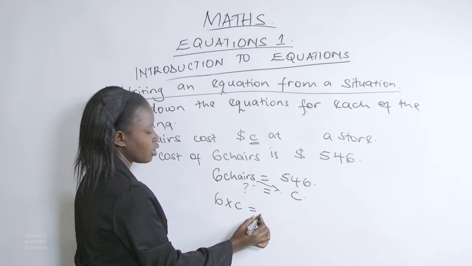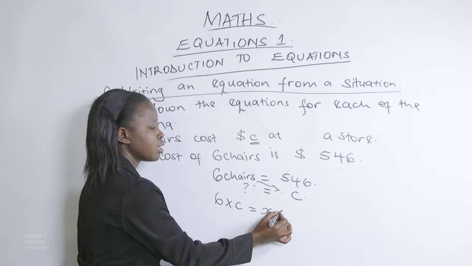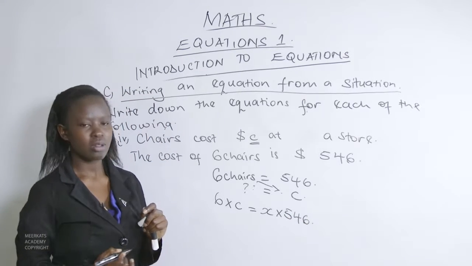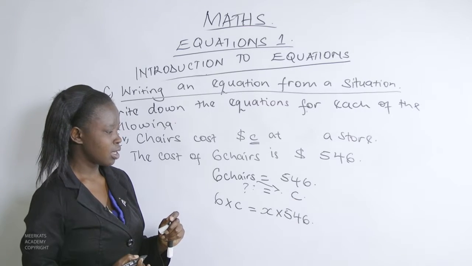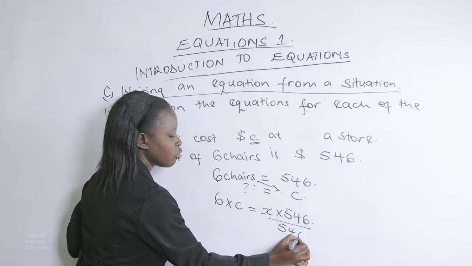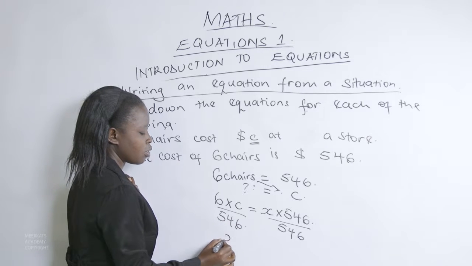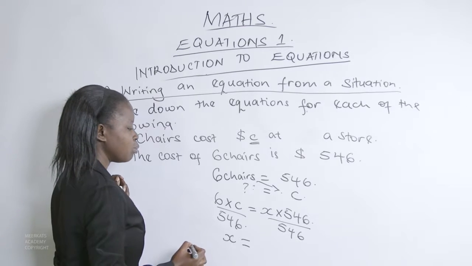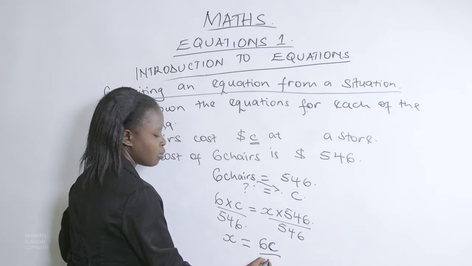That's the chairs that we are looking for. So we can represent our chairs with maybe X times 546. So if I need to get the number of chairs in this case, I'll divide by 546. So the number of chairs in that given store will be obtained by 6C divided by 546.